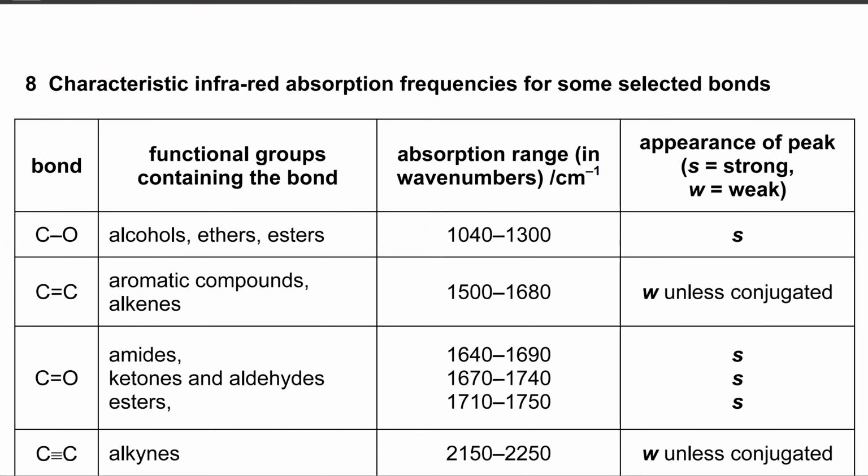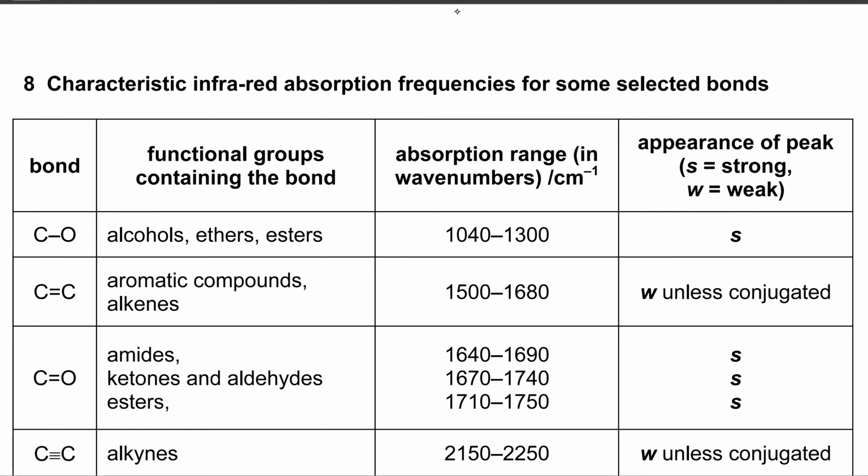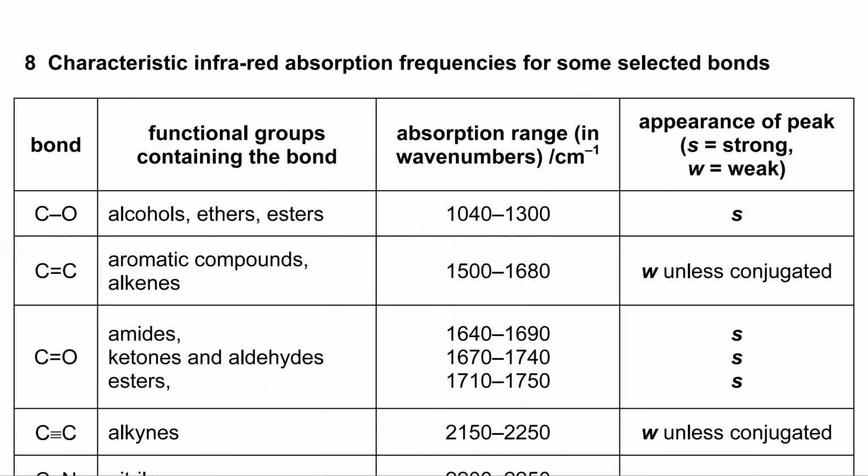You don't have to go into details about wave numbers, but just think of wave number as 1 over lambda. A wave number is 1 over lambda, which is not equal to frequency, but it's proportional to frequency. If you know v is equal to lambda f, think of this as frequency.